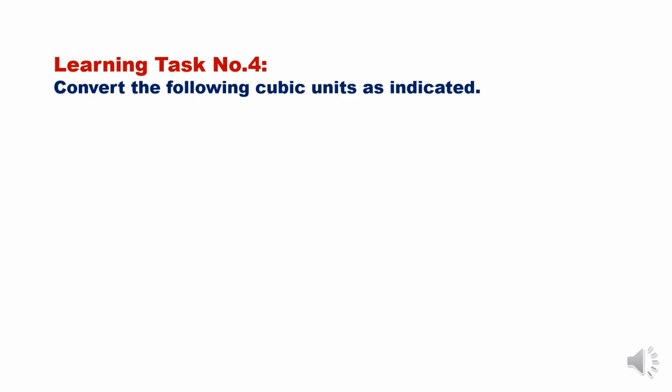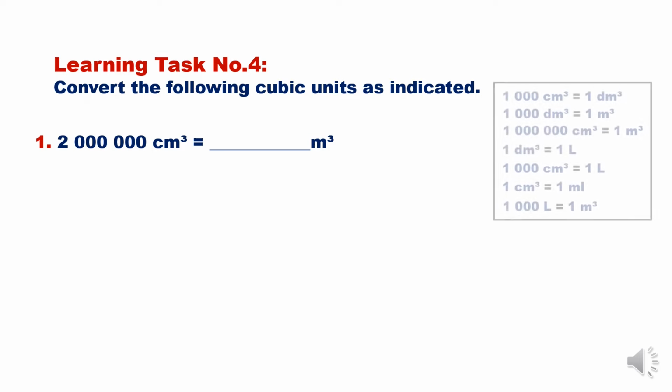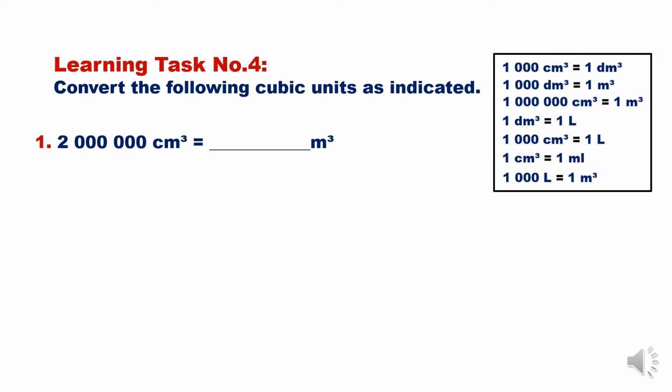Learning task number 4. Convert the following cubic units as indicated. Number 1, 2 million cubic centimeters equals blank cubic meter. Gamit ang conversion, cubic centimeter to cubic meter, meron.